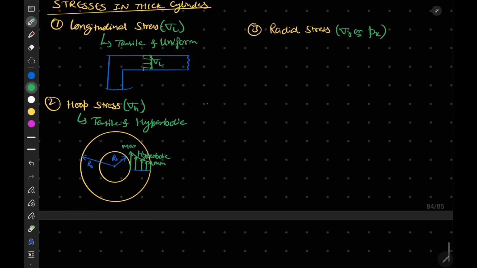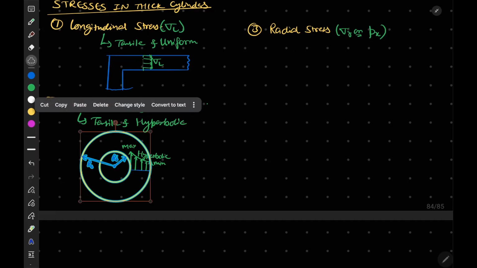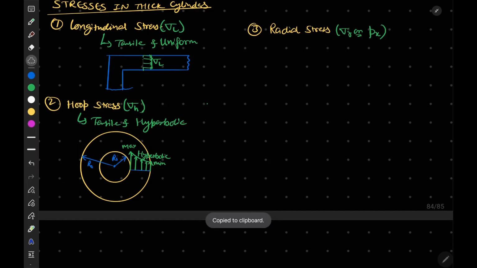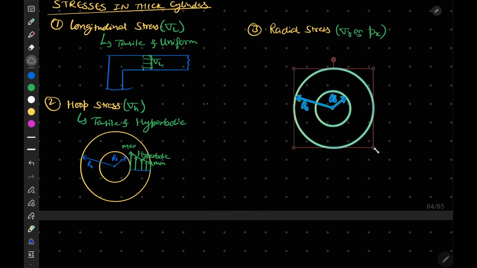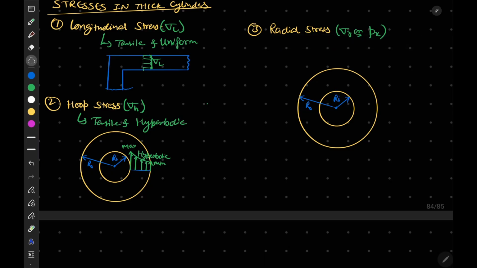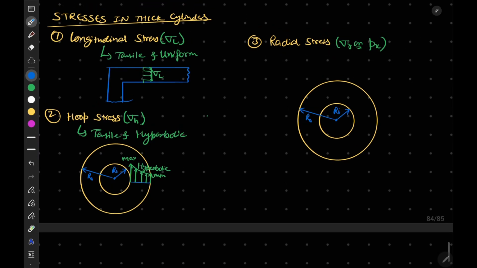Let's take this same figure here. This radial stress is compressive and hyperbolic.